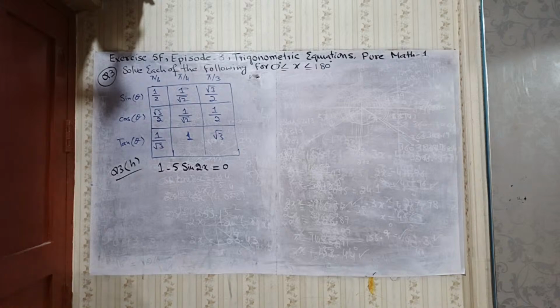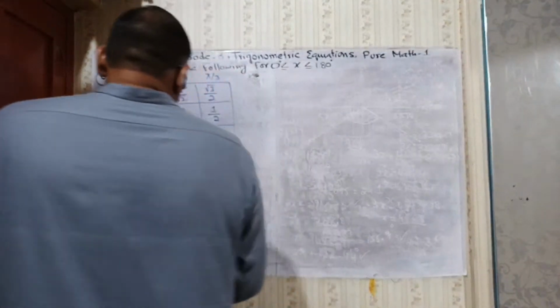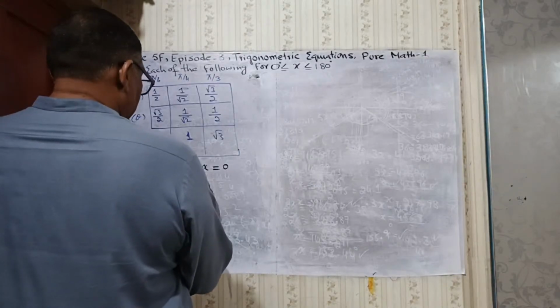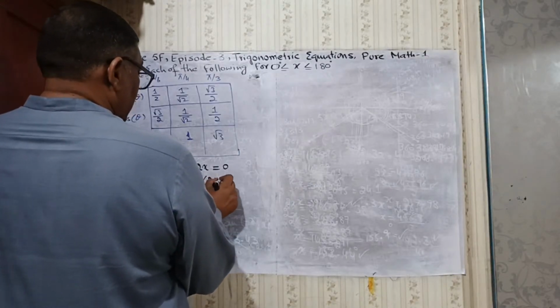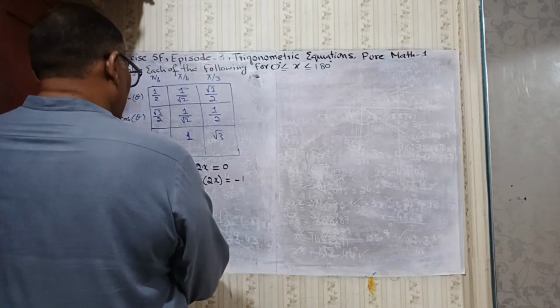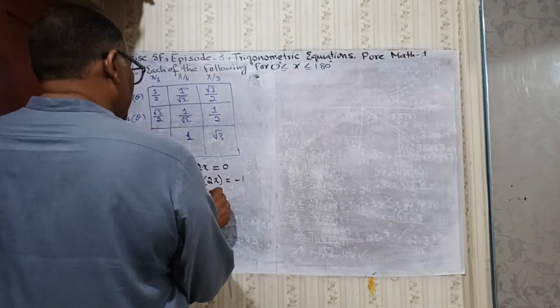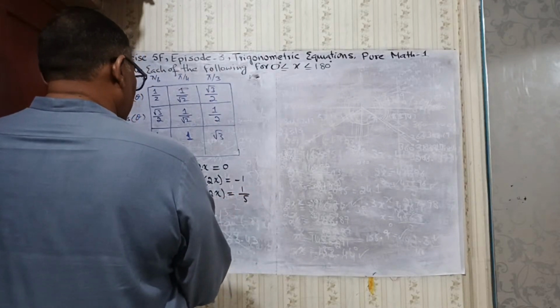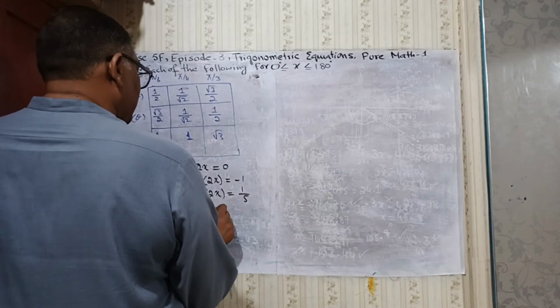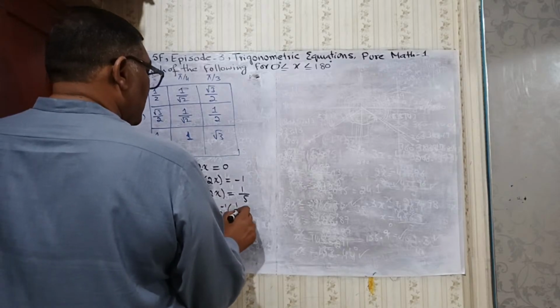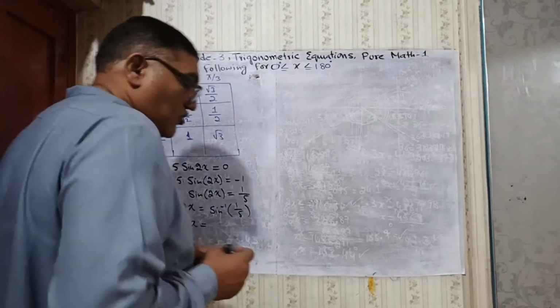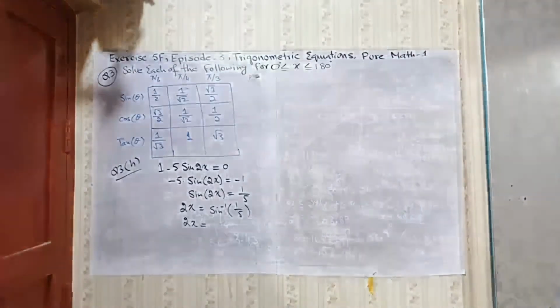It's very easy. You can write here minus 5 into sine of 2x is equal to minus 1. Minus minus is gone, so sine of 2x will be equal to 1 by 5. So 2x is equal to sine inverse of 1 by 5, and 1 by 5 is 0.2.